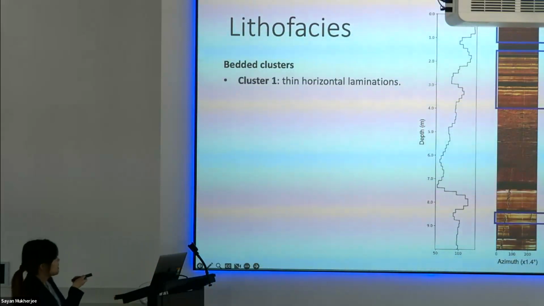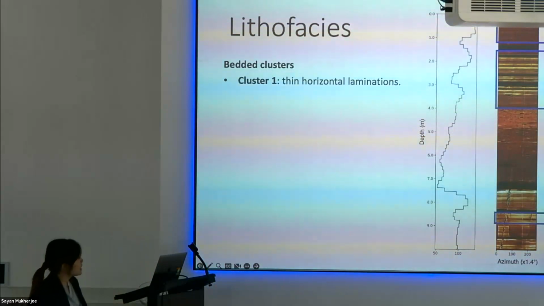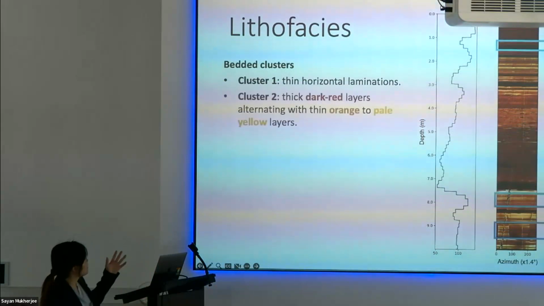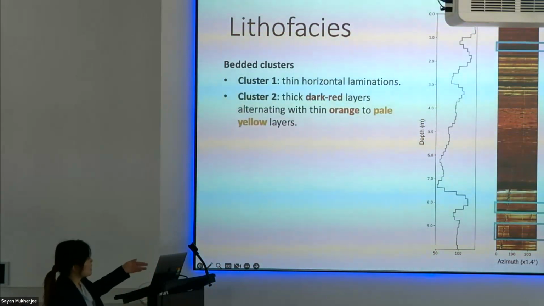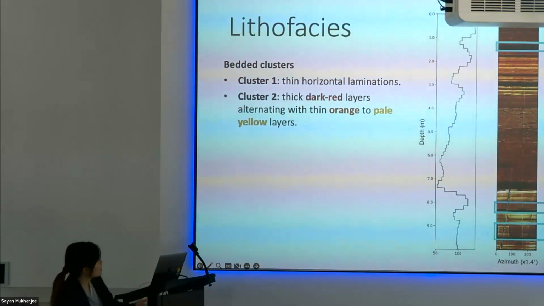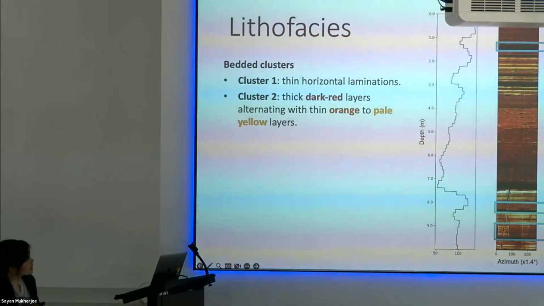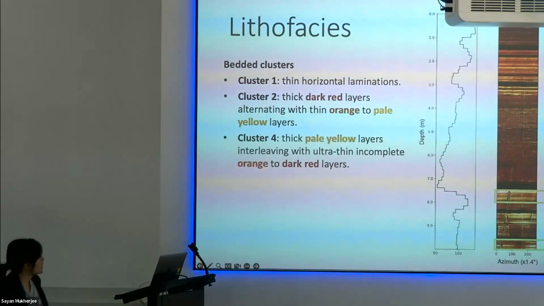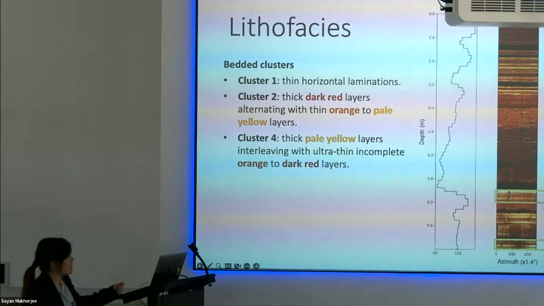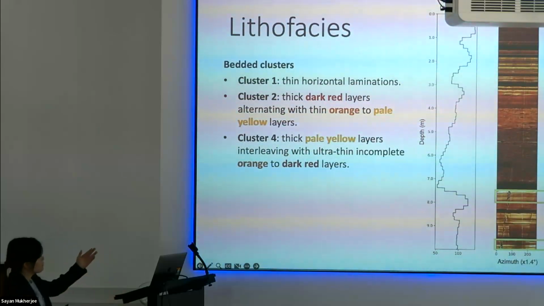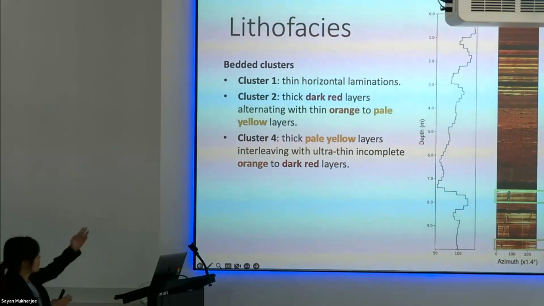The first bedded cluster is cluster 1, defined as thin horizontal laminations. The next cluster is cluster 2, defined as thick dark red layers alternating with thin orange to pale yellow layers. We can see cluster 4, defined as thick pale yellow layers interleaving with orange to dark red layers. Cluster 4 is actually an inverse pattern of cluster 2.